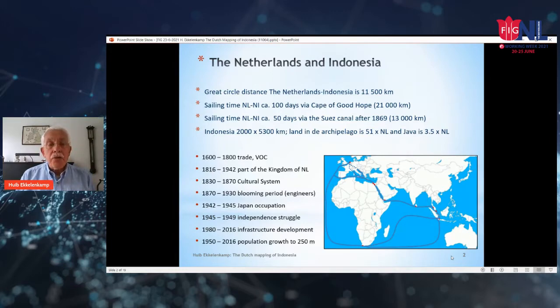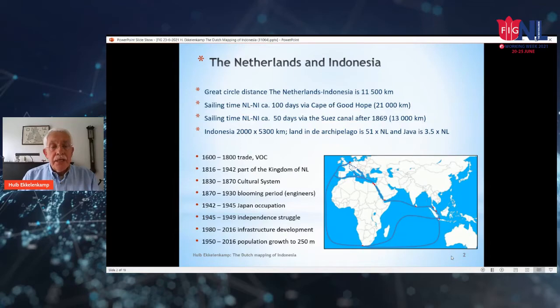It's 2,000 times 5,300 kilometers, and it's much larger than the Netherlands. It's 51 times bigger, and only the island of Java is 3.5 times the Netherlands. Let me give you a short historic overview. It started with the United East Indies Company already in 1600.